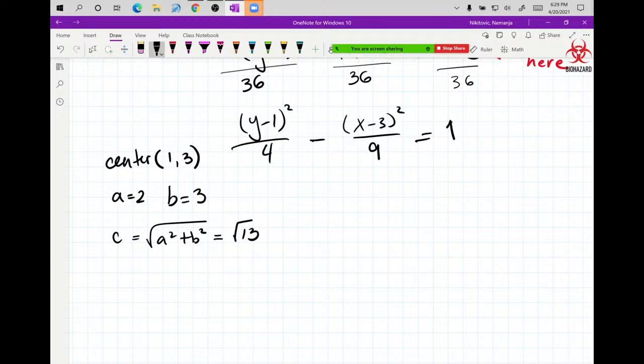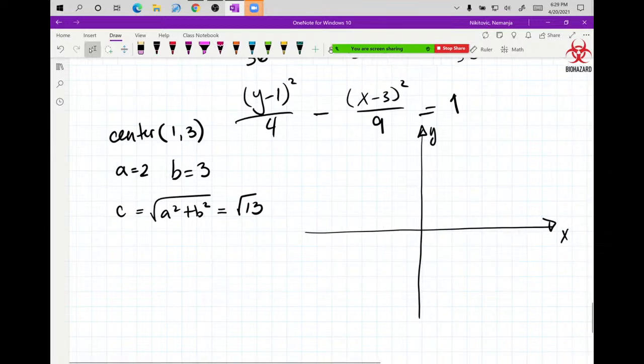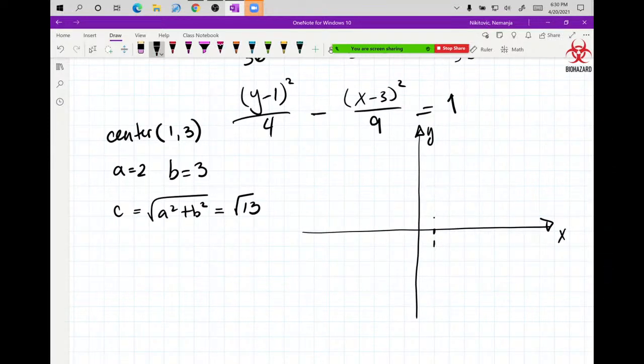Okay. So what do I have? Let's draw everything. We're going to include the asymptotes again, because why not, right? The center is at (3, 1). So this is where 1 is. 1, 2, 3. That's where the center of our problem is. If you want to, you can draw the new coordinate system that will be used a lot later.